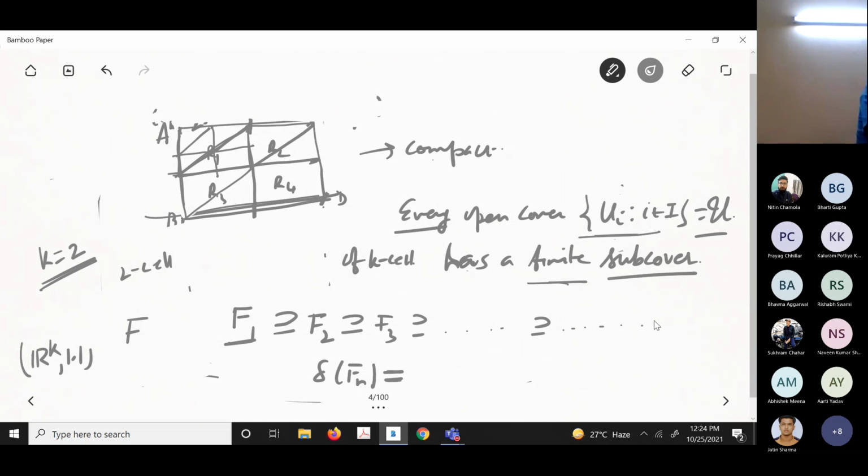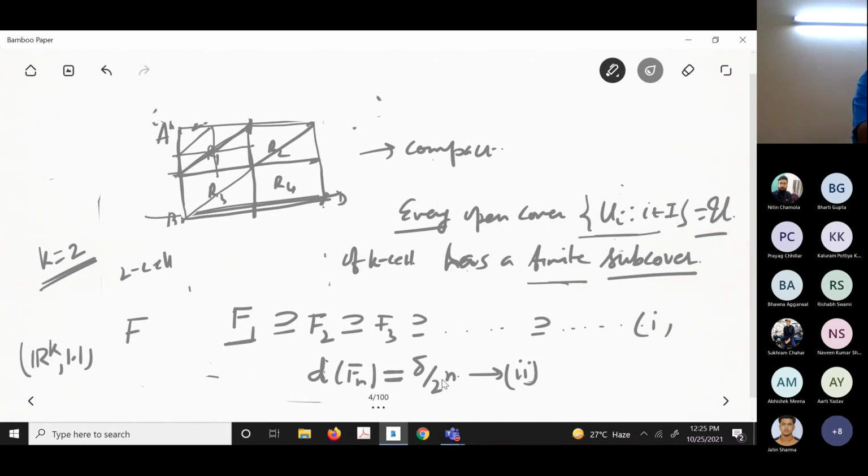This I said, one condition: the diameter of Fn is delta by 2 to the power n. And this is condition 2. And condition 3, that Fn cannot be covered by finitely many sets from U. That I will use later on.